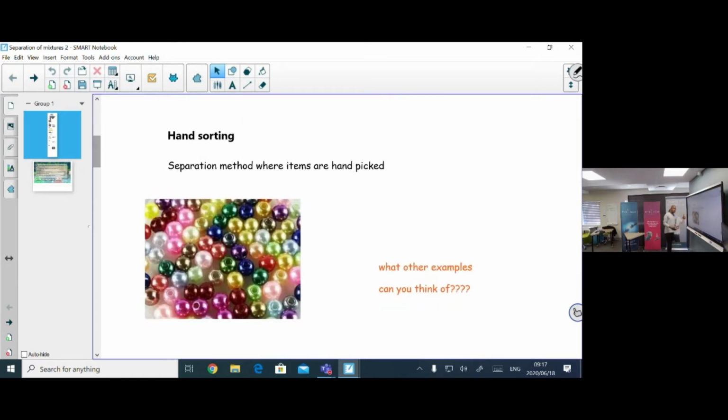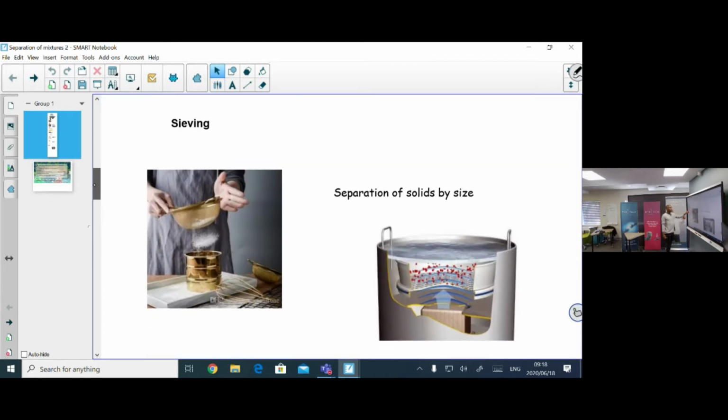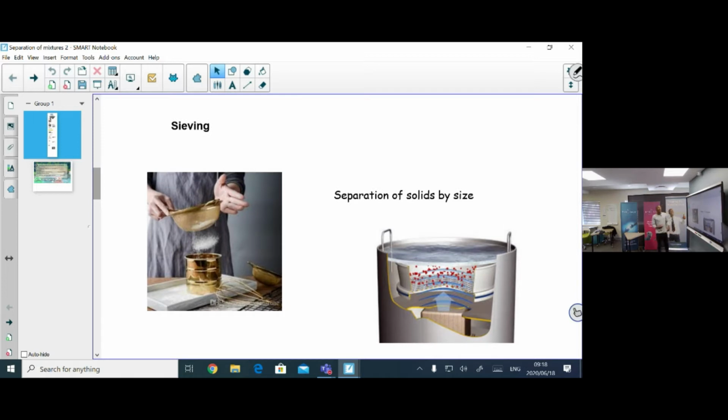We looked at hand sorting, where you are hand picking or selecting materials in your mixture in trying to separate them. We continued to look at sieving, where we use a metal sheet that has holes, and those holes allow materials of a particular size to pass through them.